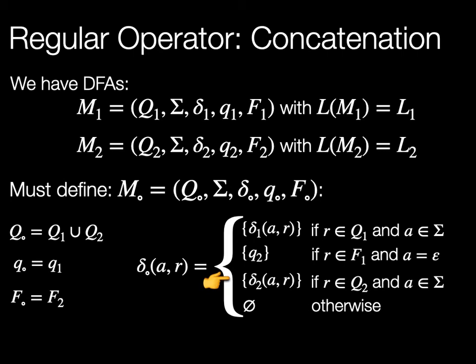If we are in M2 but not reading an epsilon, then we do as M2 does. Finally, in any other condition, we return the empty set. This will only fire when a is epsilon, and hence we add no other epsilon transitions. This concludes our formal definition, but does this indeed accept the concatenation of L1 and L2?